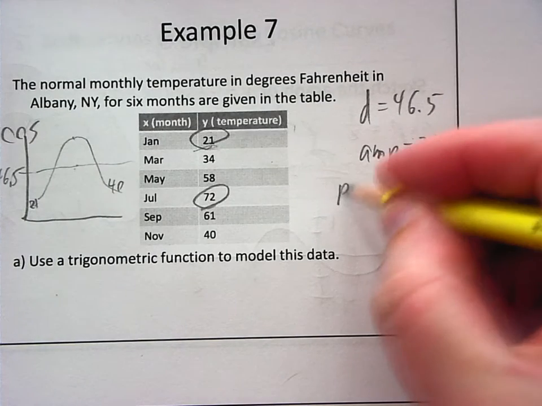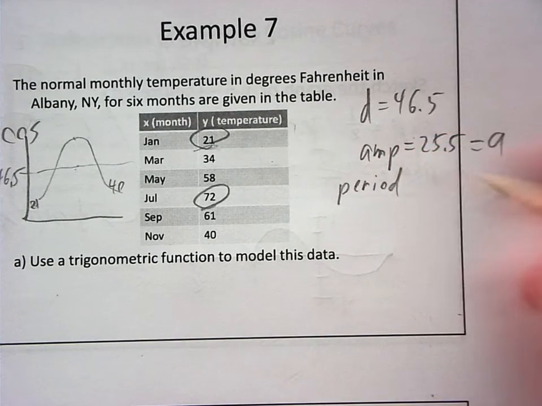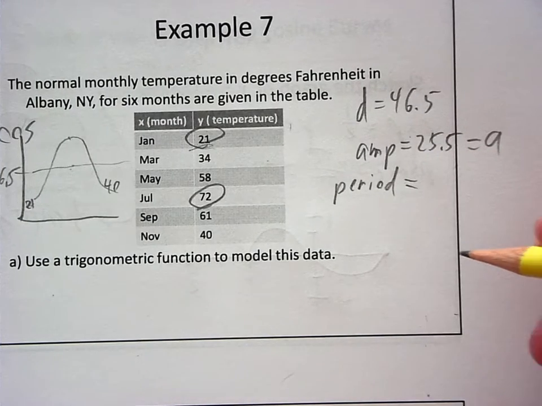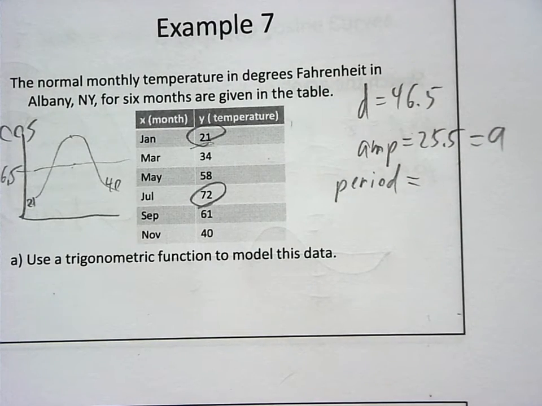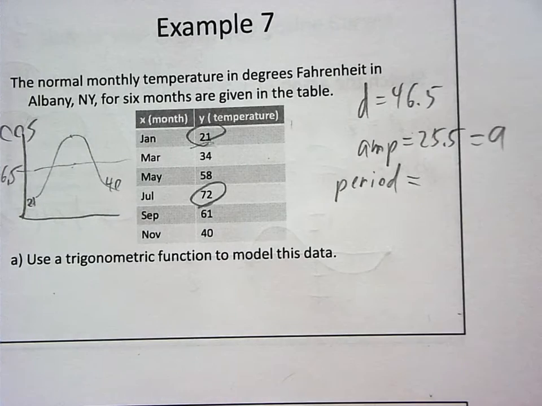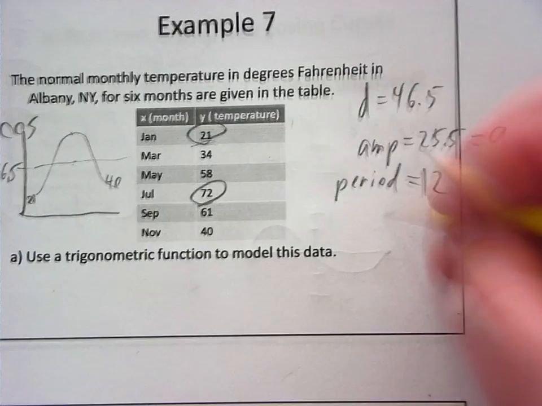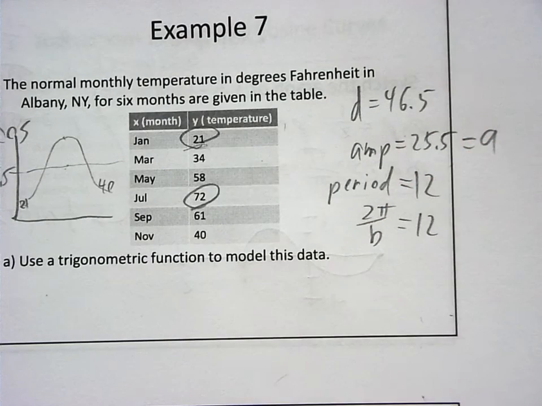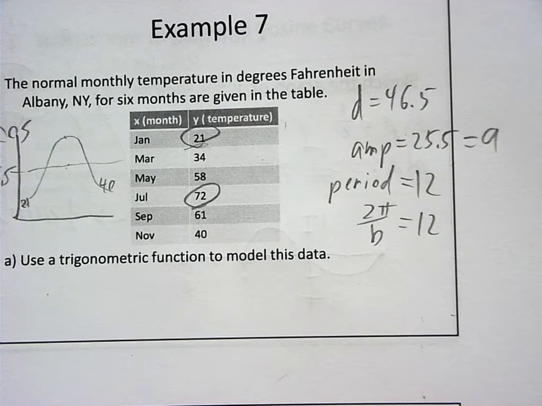Period. What would the period of this thing be? I'm just asking what the overall period is. Why would it be 12? 12 months. Right? The period is 12. Now that 12 would have to be equal to 2 pi over b, which allows you to solve for b.